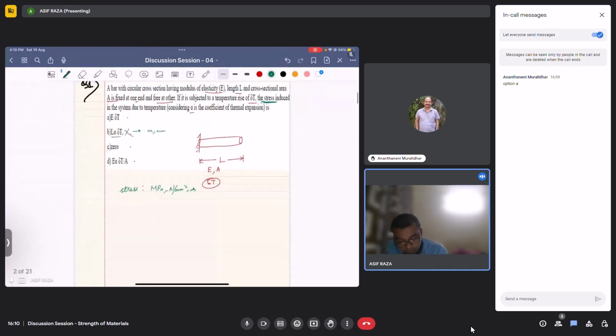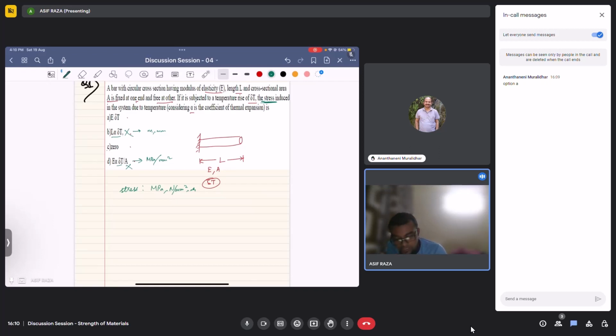Let us see option D. Alpha delta T won't have any dimension, then E upon A would give megapascal upon mm square, and that is also dimensionally not correct. So option D would be wrong.